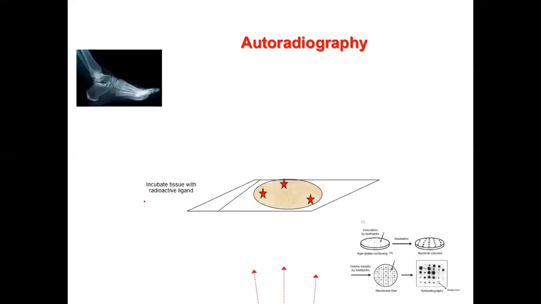What is autoradiography? You have a nylon membrane with some colonies or DNA fragments bound to it, or a nitrocellulose membrane, which has been baked at 80 degrees Celsius. So the DNA is tightly bound to the membrane.